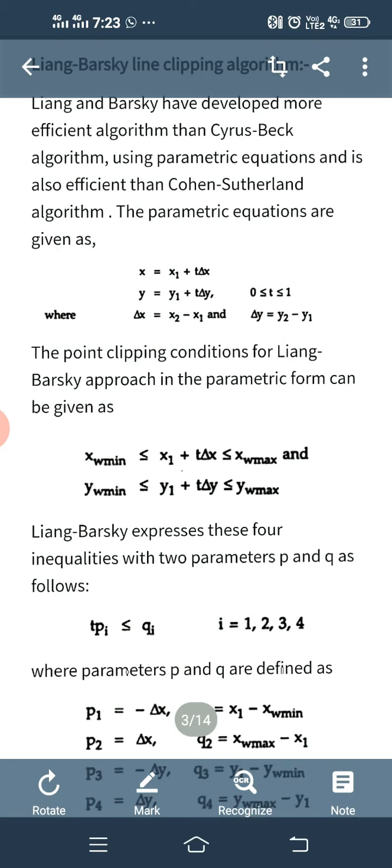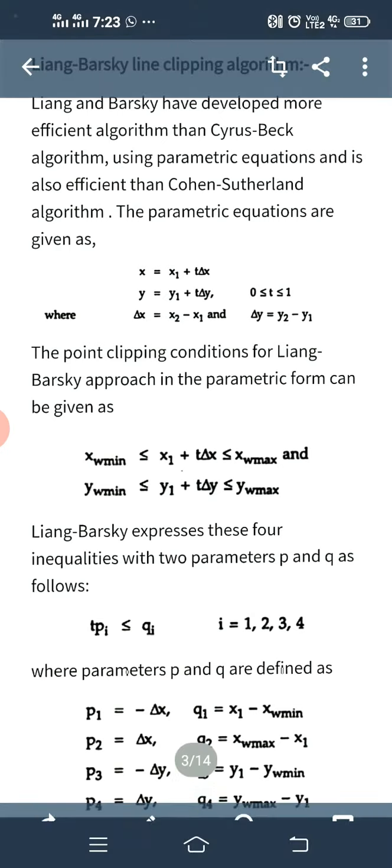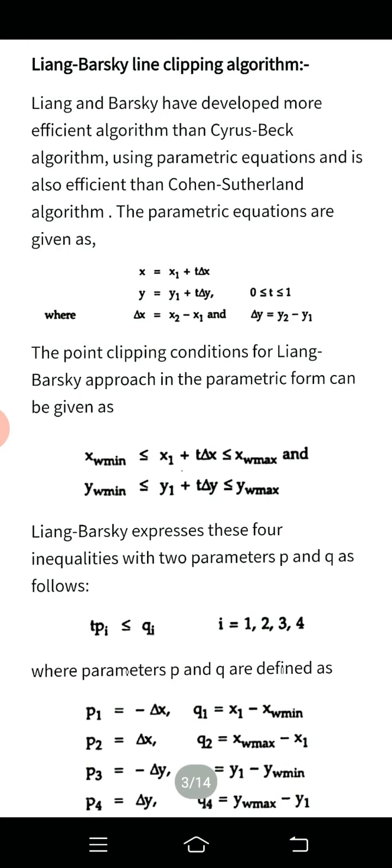Now we calculate the values of p and q. The parameters p and q are defined as p1 equals minus delta x, p2 equals delta x, p3 equals minus delta y, and p4 equals delta y. And for q: q1 equals x1 minus xw min, q2 equals xw max minus x1, q3 equals y1 minus yw min, and q4 equals yw max minus y1.